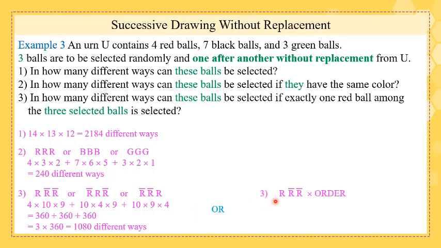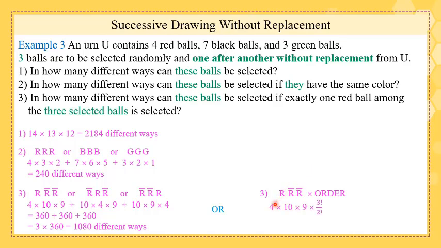Remember, in order to get exactly one red ball among the three selected balls, the first could be red, the second should be non-red, and the third should be non-red. And here we multiply by the order. Now the order of what? The order of such a case. Remember here we have three different letters, and two letters are repeated twice.